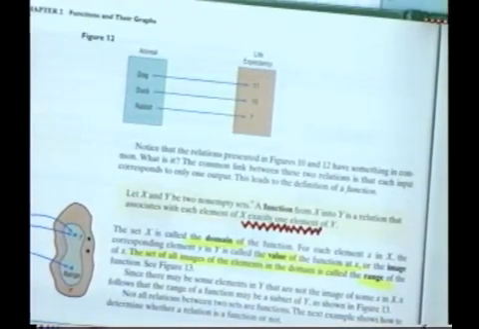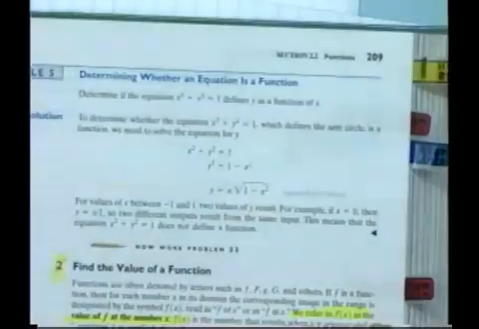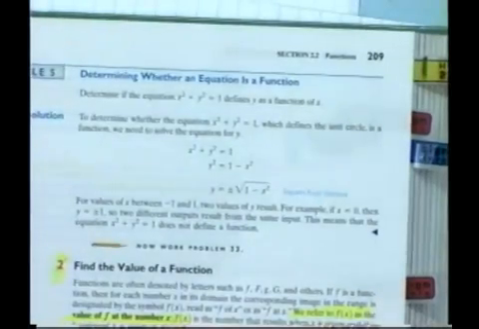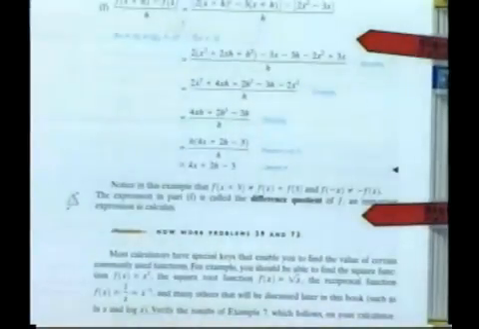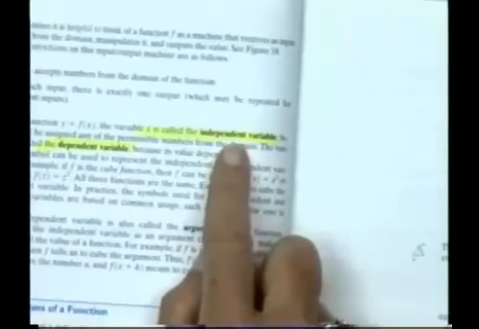Has some very nice examples in the book to read through and practice. The value of a function, f of x, the value of the function at the number x. Lots of great examples. Your domain is often called your independent variable, range dependent, because you put in a value for x and your y value depends on that.